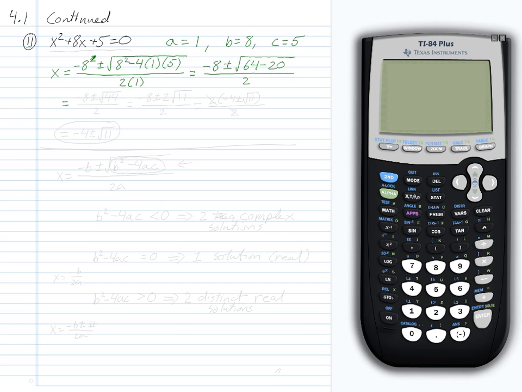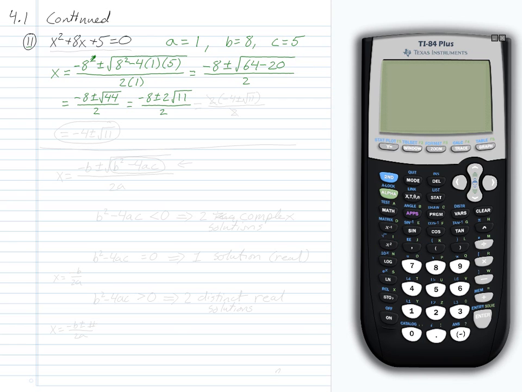Alright, well 64 minus 20 would be 44, and this is all over 2. So 44 has a factor of 4 that we can pull out as 2, and we'll be left with 11, all over 2.